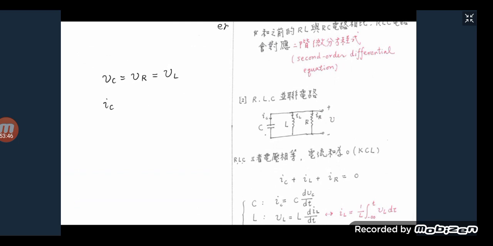Yeah. I mean the overall current has to be summed. 这三个电流必须要把它加在一起。Because it's the natural response, the circuit is no longer connected to other parts. So here is open.